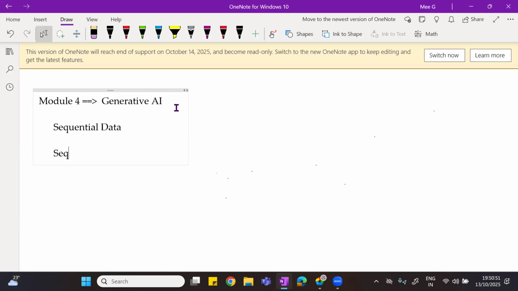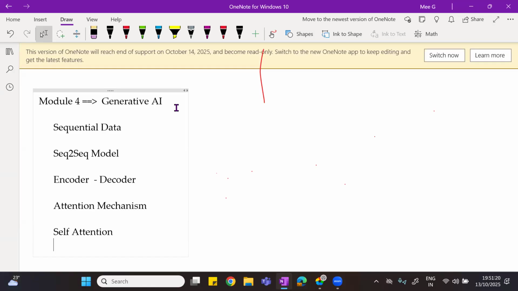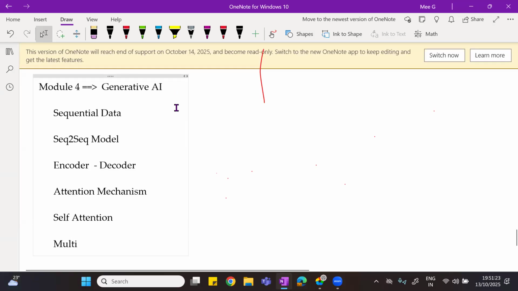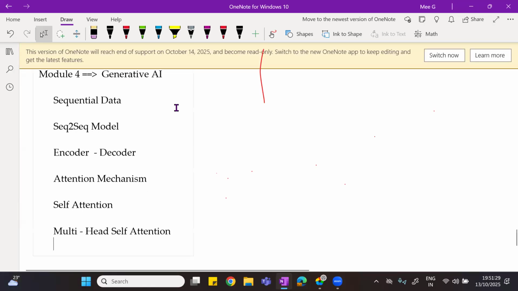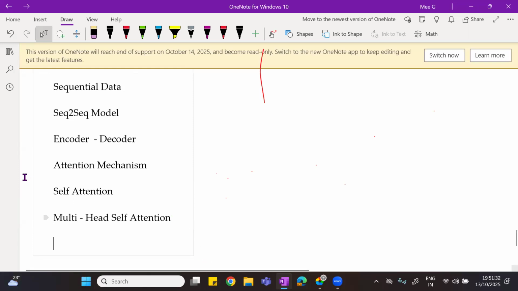Then what are sequence to sequence models and encoder-decoder architecture, and there is an attention mechanism, and we are going to learn self-attention, multi-head self-attention, and these are very, very important, guys.